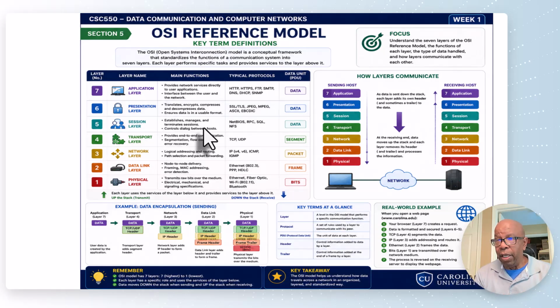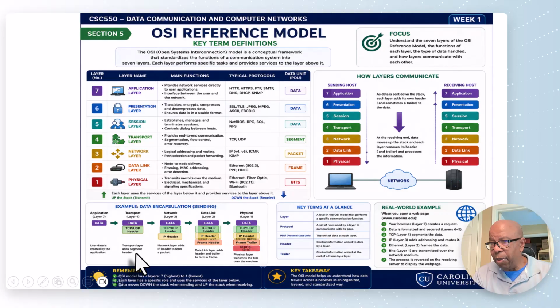If you look it up and you still don't understand it, then that's when you come and get with me, and we'll go through it. But these are the layers. These are the functions. Each one of these layers is important in getting from the sender to the receiver, and these are the various layers I'm going to have to go through.